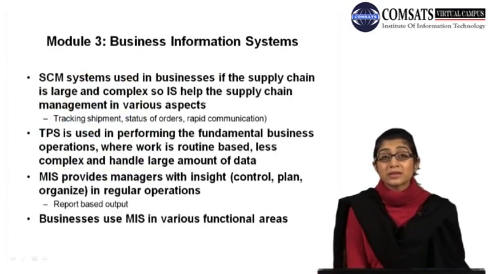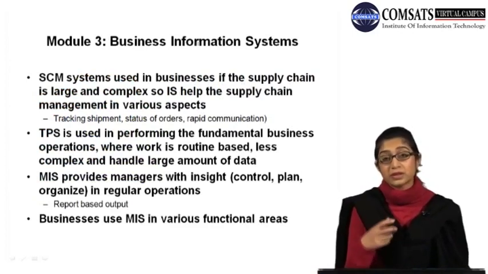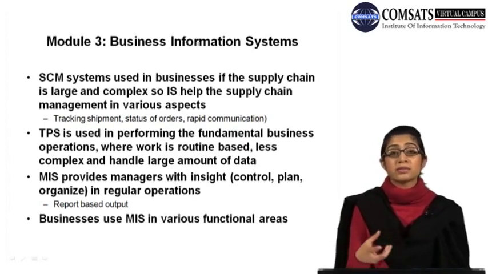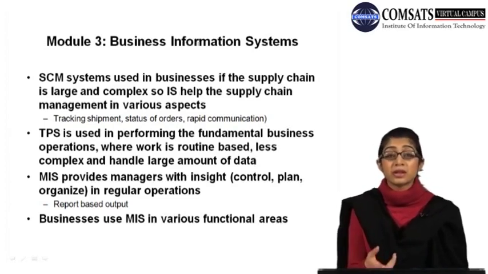Then we also looked at the supply chain management, and we looked at the supply chain management systems. So the reason for having a supply chain management system in the organizations is if the supply chain is complex and large.